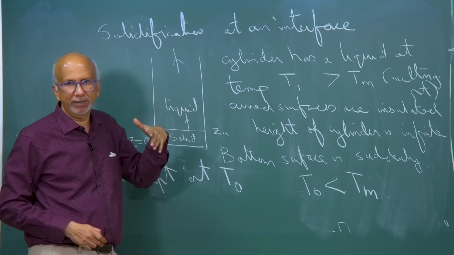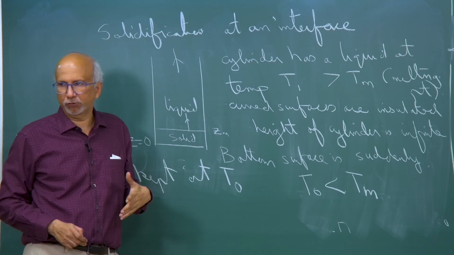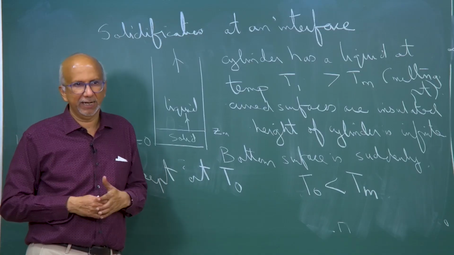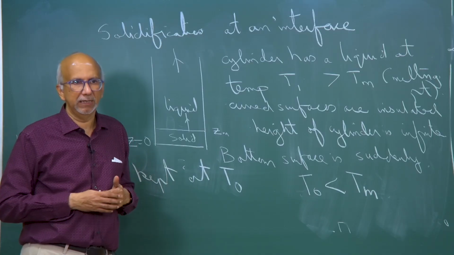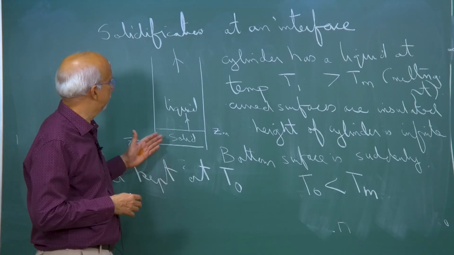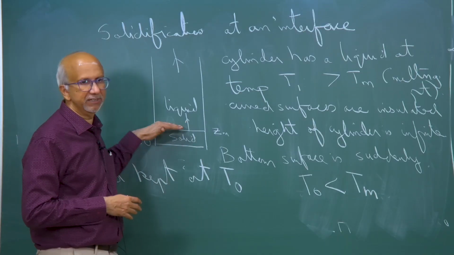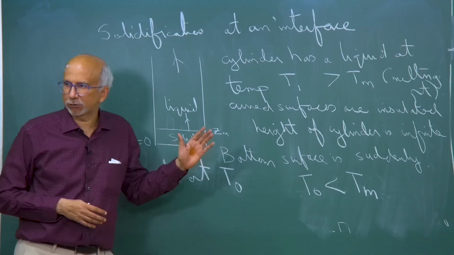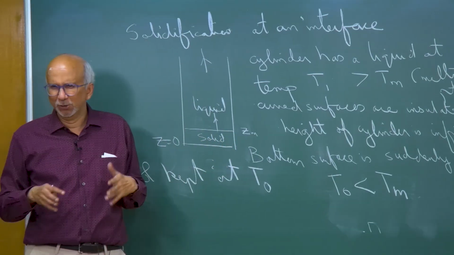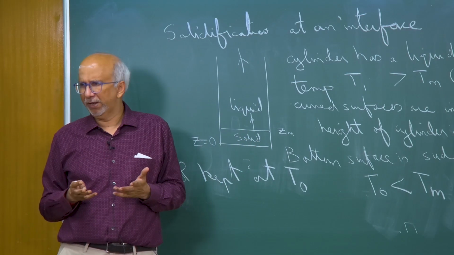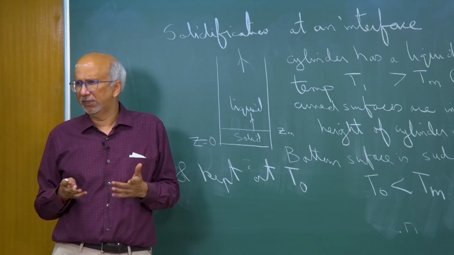For the moment let us not worry about the radial profile, because we want to try to understand how to solve this problem analytically. So, we are going to assume that there is no variation in the radial direction. Clearly there has to be a variation in the axial direction. So, this is an assumption.